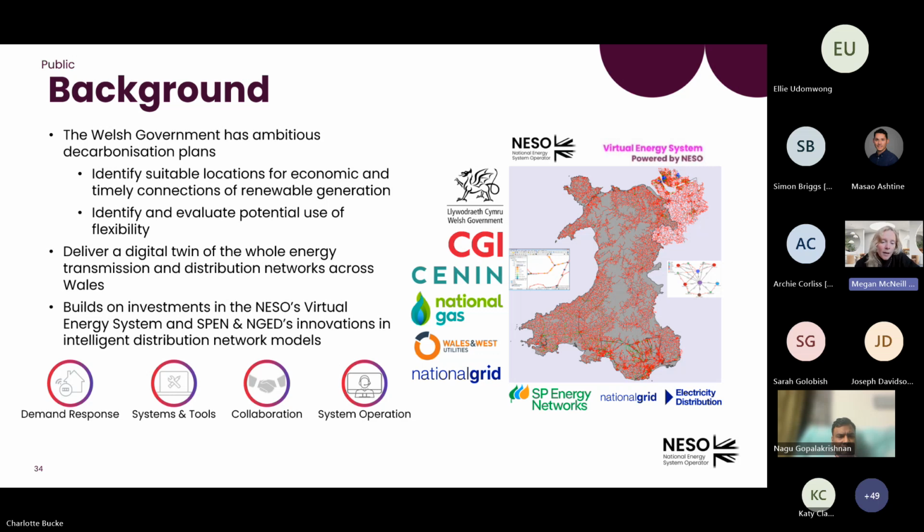Essentially, to remove any barriers to the transition, our focus in PWR is to deliver a digital twin of the whole energy transmission and distribution network across Wales. It's building on investment in NESO's virtual energy system, as well as SPEN and NGED's innovations in intelligent distribution network models. Next slide, please.